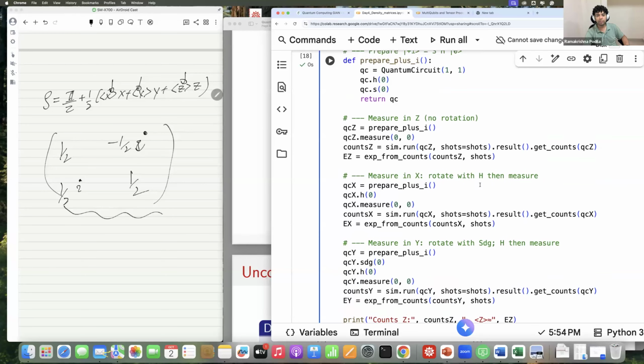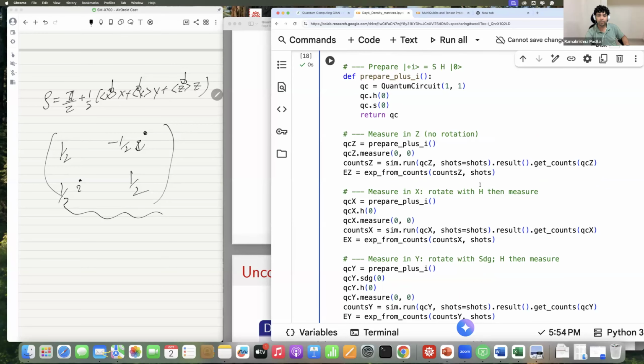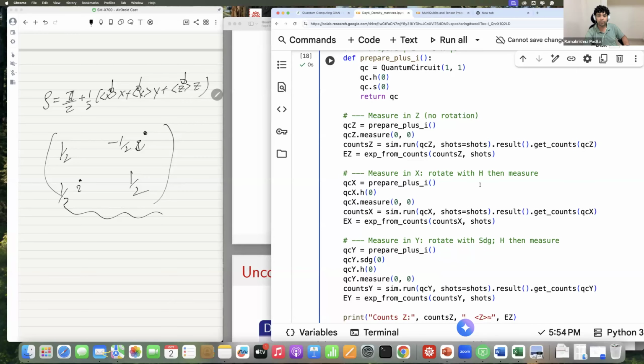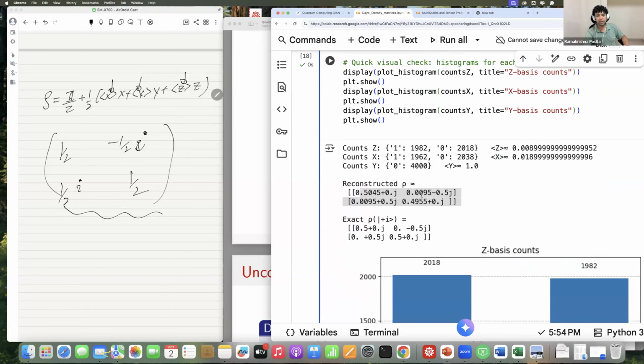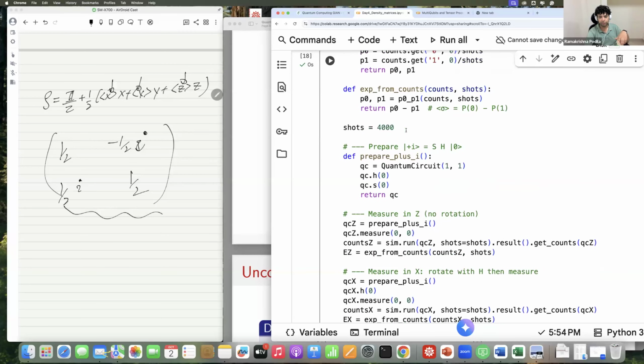And there is also a probability in the X basis in the rho X. There is a small probability in the X, right? You mean in the result here? Yeah. But that is not mentioned because it is the way it is. If I run more shots, let's say if I run 40,000 shots, it will go to 0.